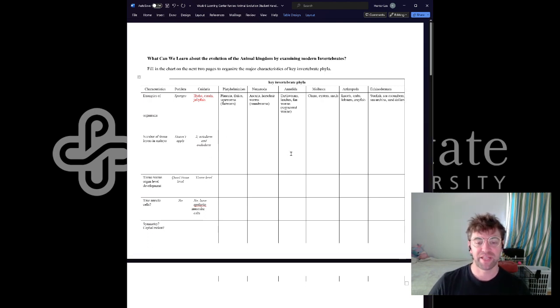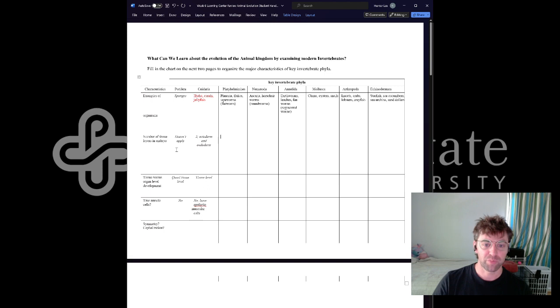So number of tissue layers in the embryo. Embryonic development is the important distinction here because, depending on which end forms first, that will change the destiny of individual tissues in terms of what organ systems they produce.